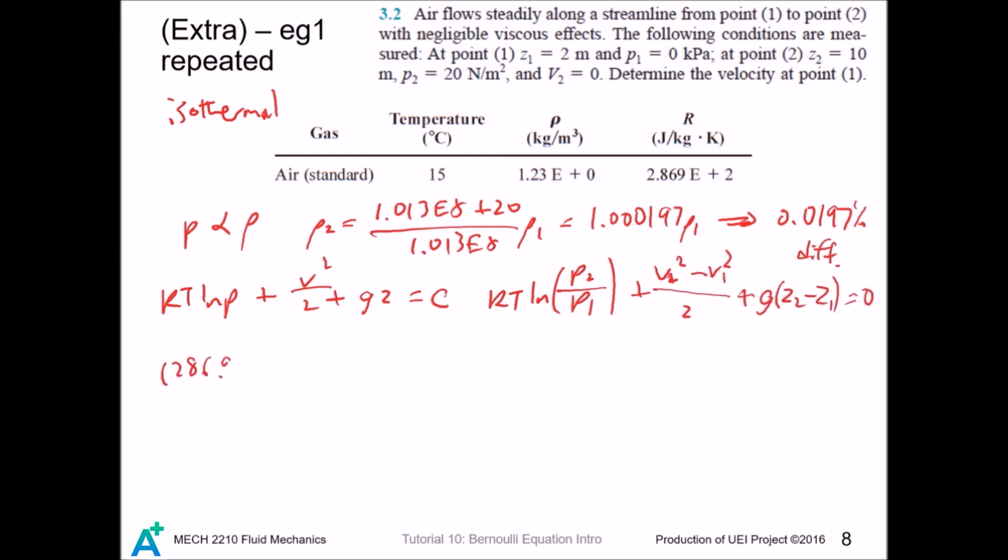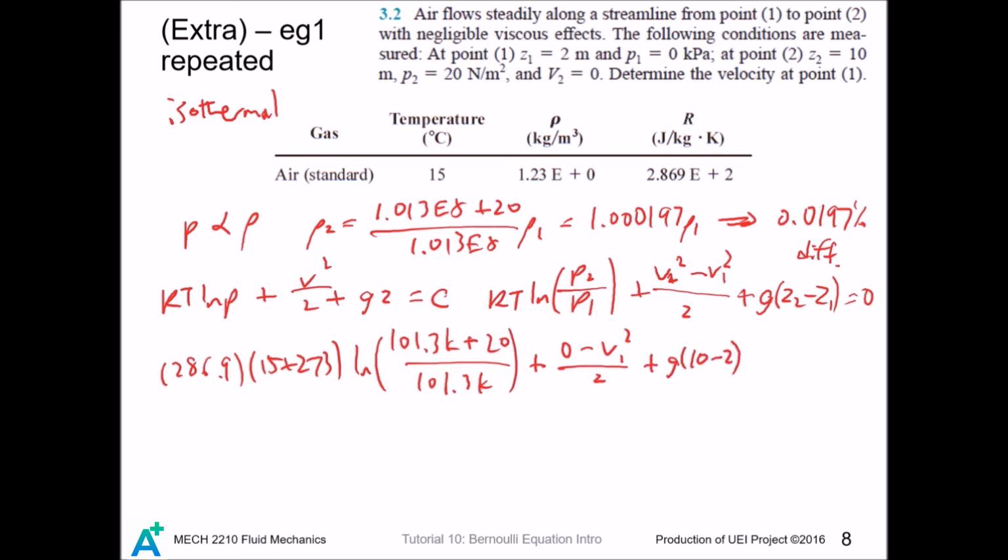And we substitute in the values. And solving for V1, we get the same answer. With such a small difference in density, the answer is just the same with the two different versions of the Bernoulli equation.